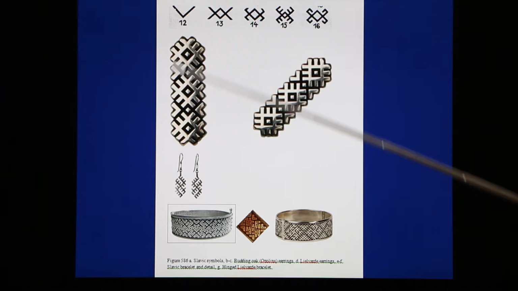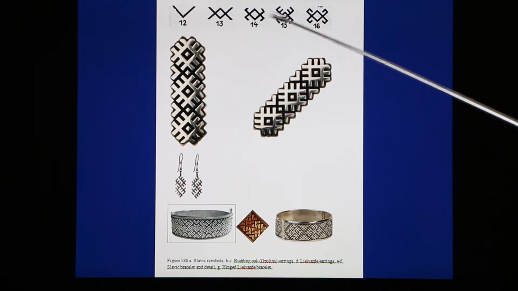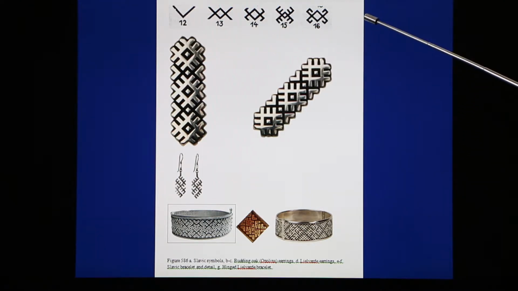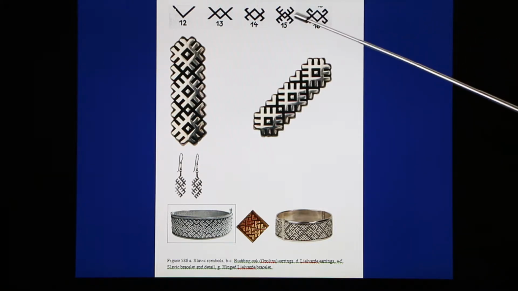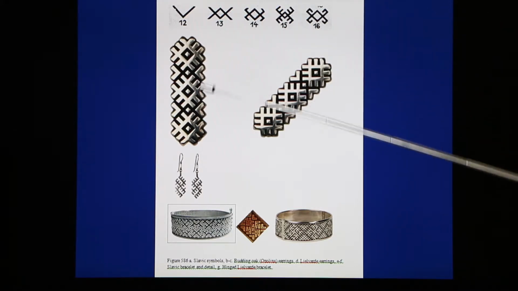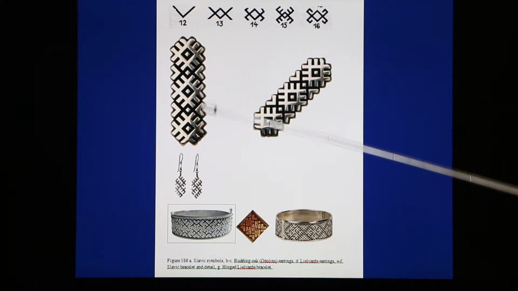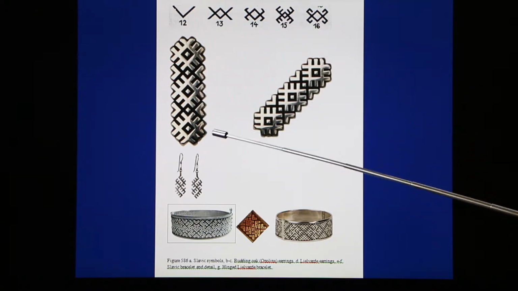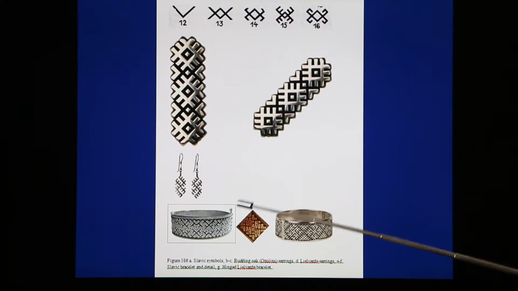To make this completely clear, let's go back to those funny symbols that we have for weaving. And say this one. Well, here you have a pattern. Now we're dealing with jewelry.